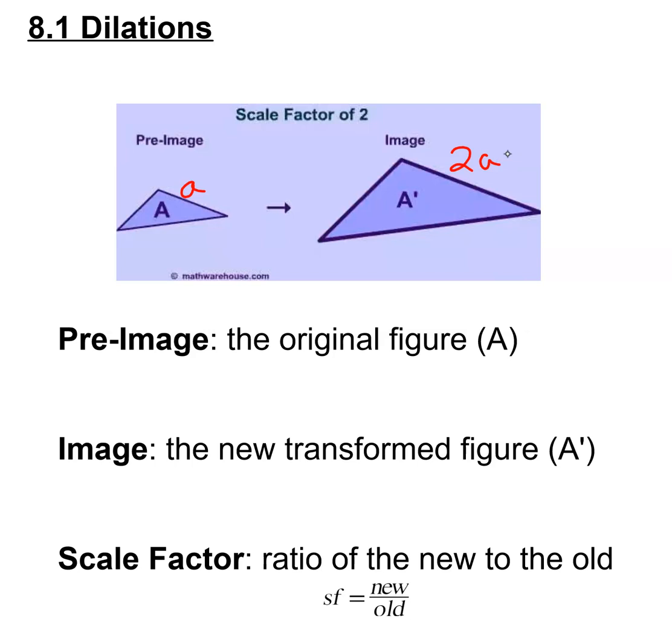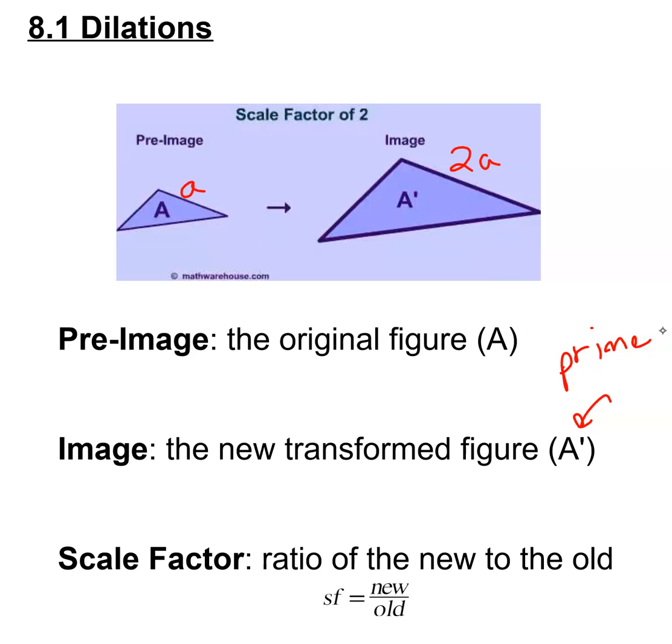So a little bit of vocabulary here. The pre-image is the original figure, and that's always denoted with something like just A, B, P, whatever. There's no extra markings on it. The image is the new transformed figure, and so that's going to be A prime or B prime. When you see this apostrophe, we say the word prime. So that is A prime.